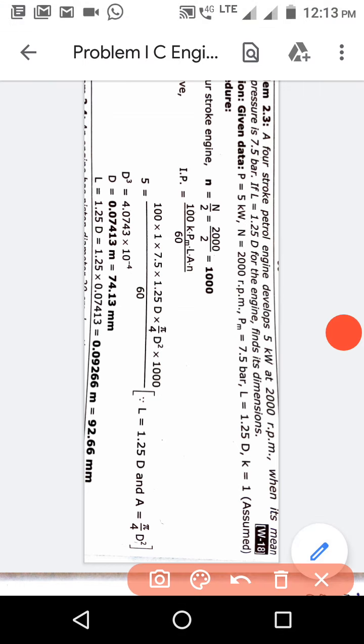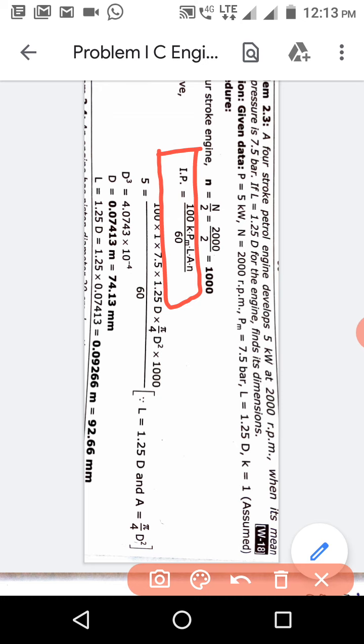As the mean effective pressure is given in bar, we use the same formula as when pressure is given in bar, that is equal to 100 into K into PM into L into A into N divided by 60.